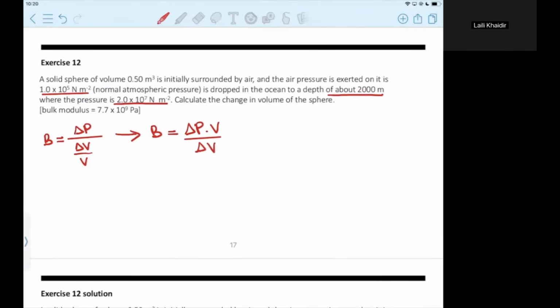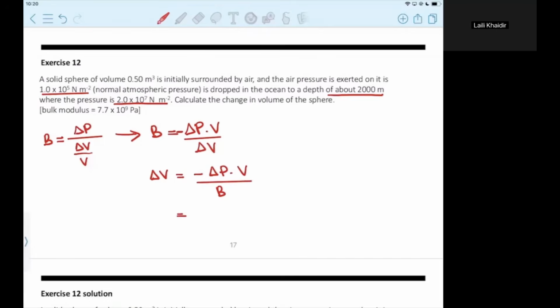And we have the negative sign over here. We know that this negative is about the decreasing of the volume. When we rearrange this equation again, to find the change in volume it becomes negative delta P times V over the bulk modulus.